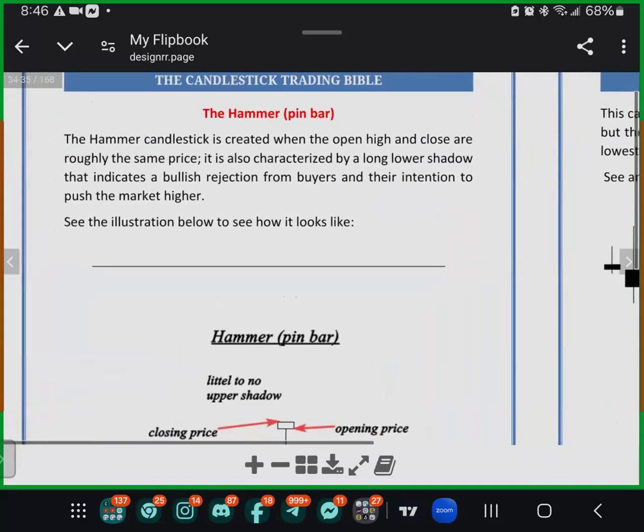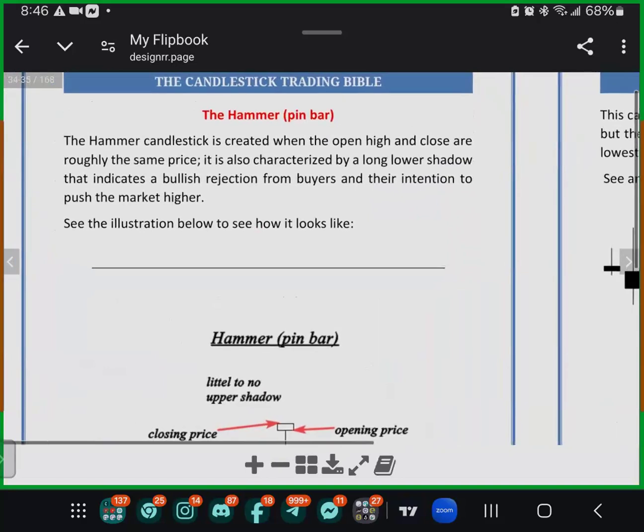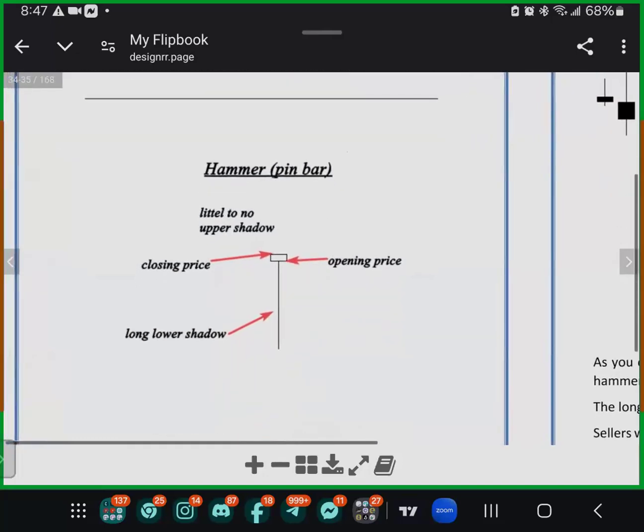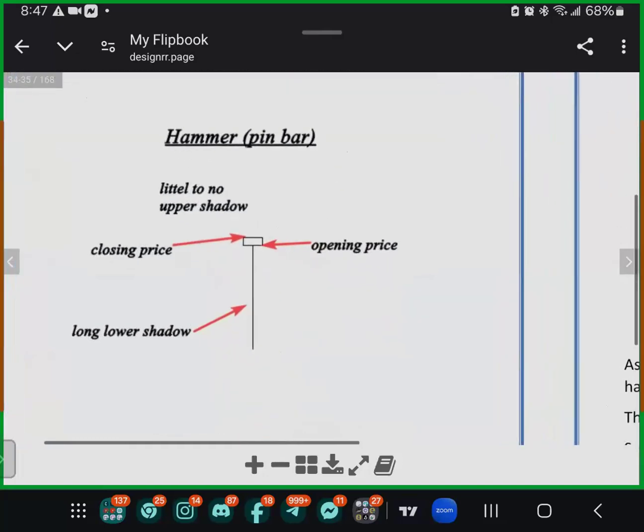All right. So the hammer candlestick is created when the open, high, and close are roughly the same price. It is also characterized by a long lower shadow that indicates a bullish rejection from buyers and their intention to push the market higher. All right, so this is the hammer, also known as the pin bar.